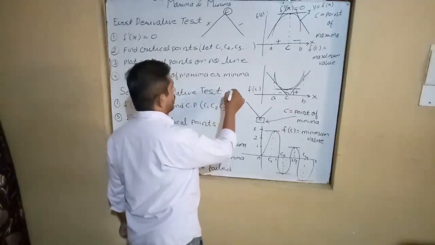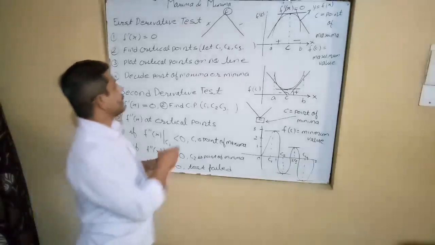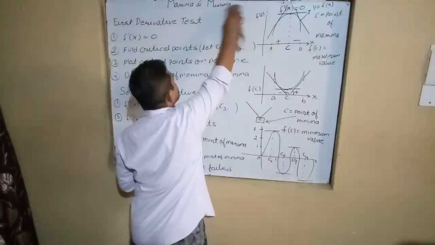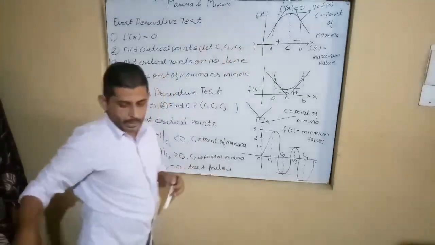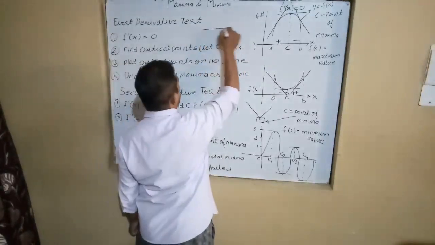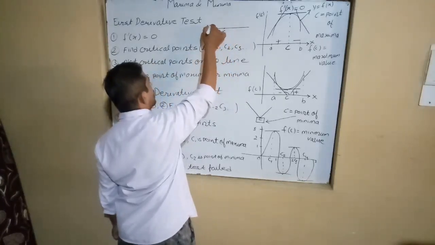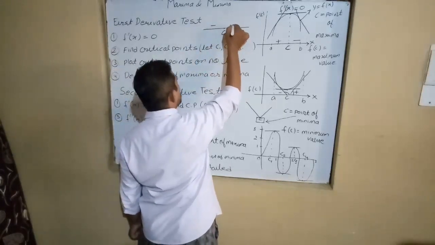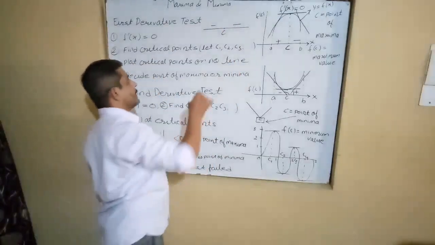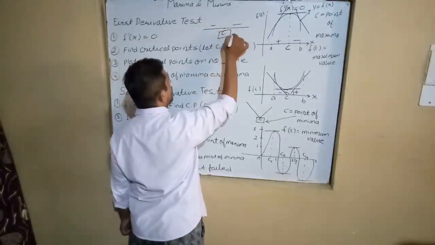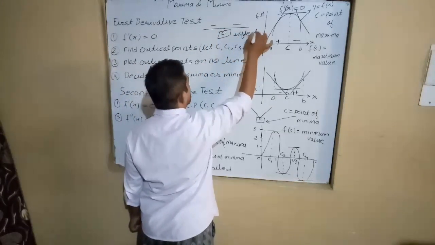Now one more thing, if any function gives, just a minute. If at any critical point C when we plot it, its left hand side gives a negative value and its right hand side also gives a negative value, so we can say point C is a point of inflection.